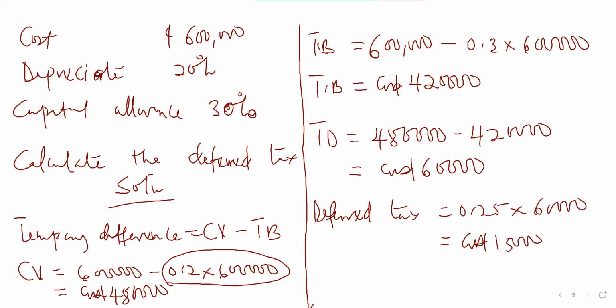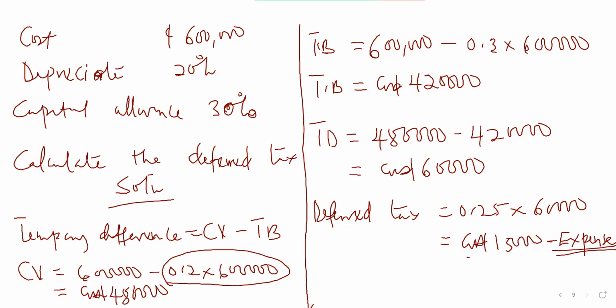So this will be the deferred tax, which is supposed to be an expense. But what we do is that we adjust it against our current tax. So we go and add it to the current tax. The deferred tax is treated as a provision. So in the subsequent year, there might be an increase or decrease in it. If there's a decrease or increase, we know what to do. We'll talk about that one later.